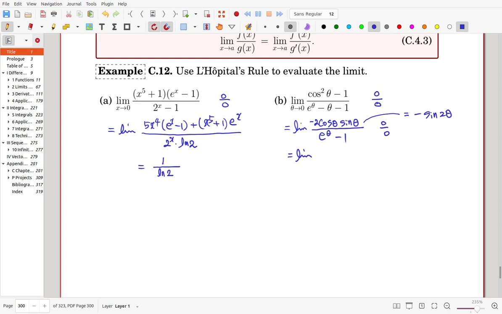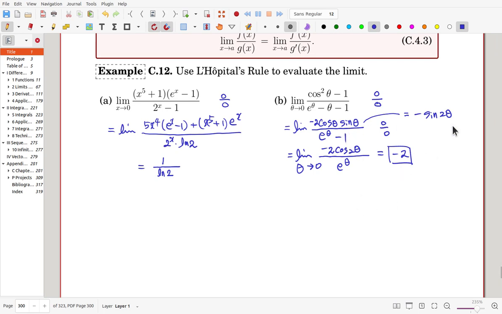Once you take the derivative, that is the same as minus cosine 2 theta times 2, since the derivative of 2 theta is 2. Now the bottom is e to the theta. As theta approaches 0, that is approaching 1, and that is minus 2 divided by 1, so that is minus 2. That will be the final answer.